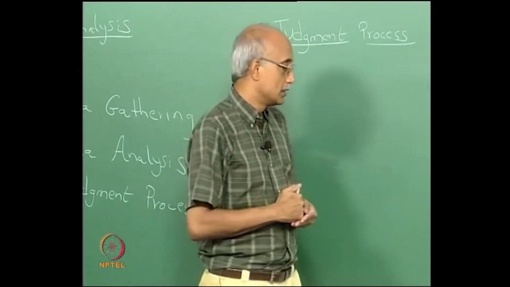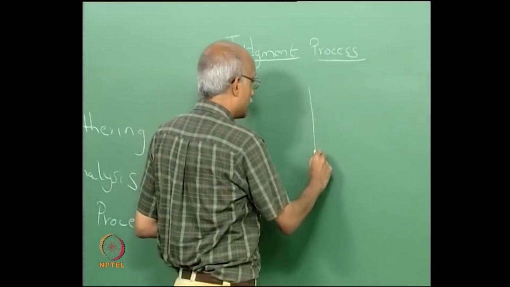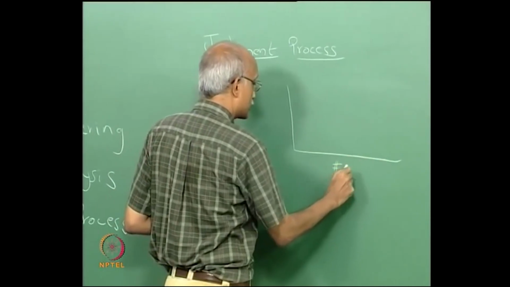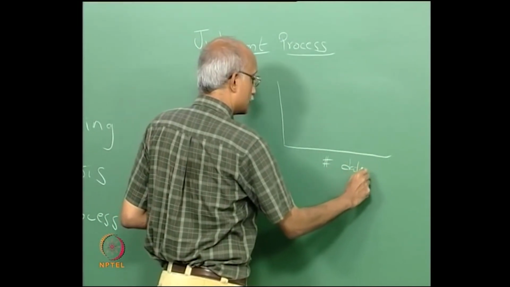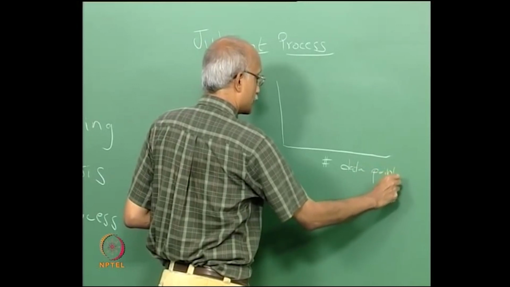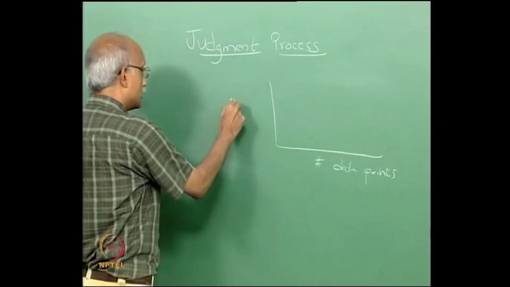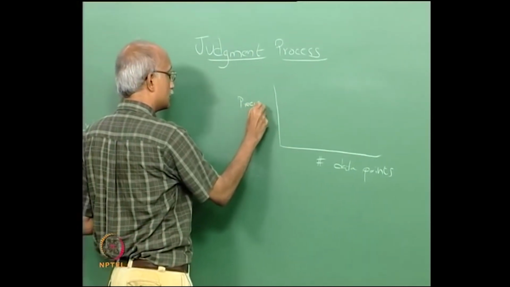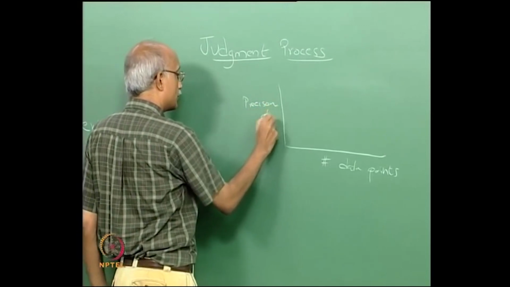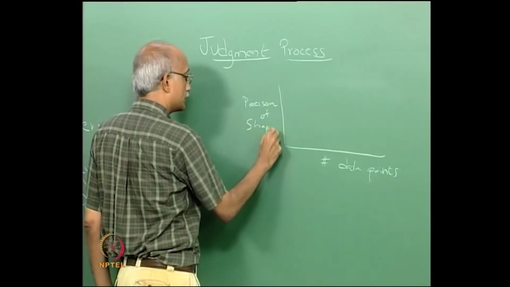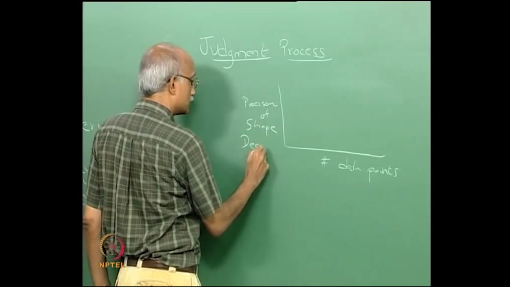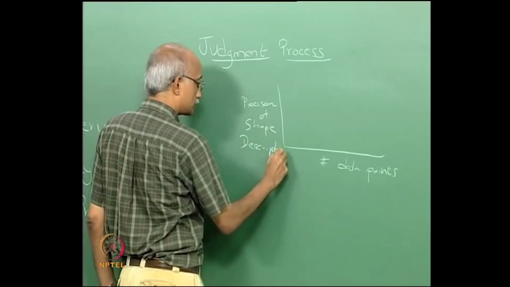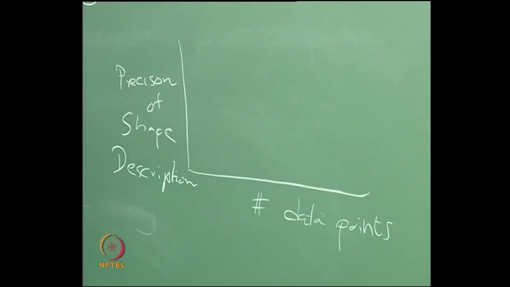So, for example, if I were to look at number of data points versus, let us say, the precision of shape description, what kind of shape can you expect?